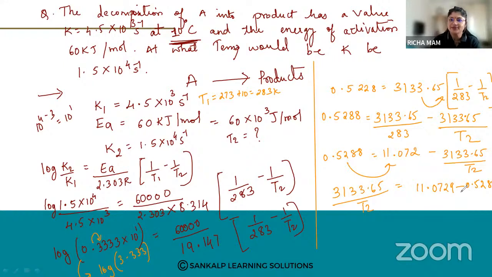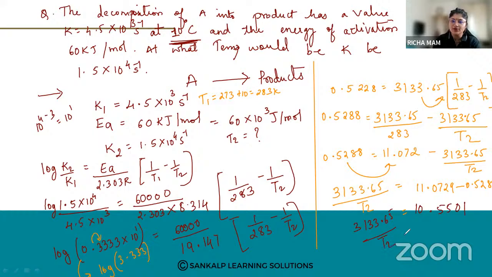How much are you getting? 11.0729 minus 0.5228, I've got 10.5501.